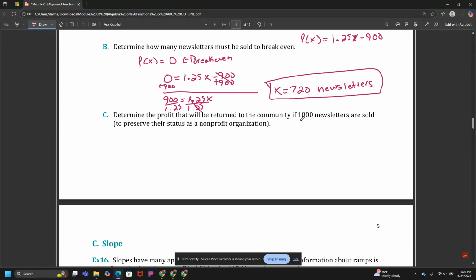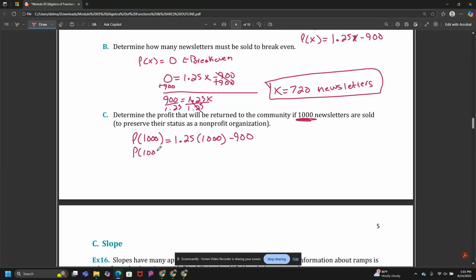Determine the profit that will be returned if 1,000 newsletters are sold. P of 1,000 equals 1.25 times 1,000 minus 900.